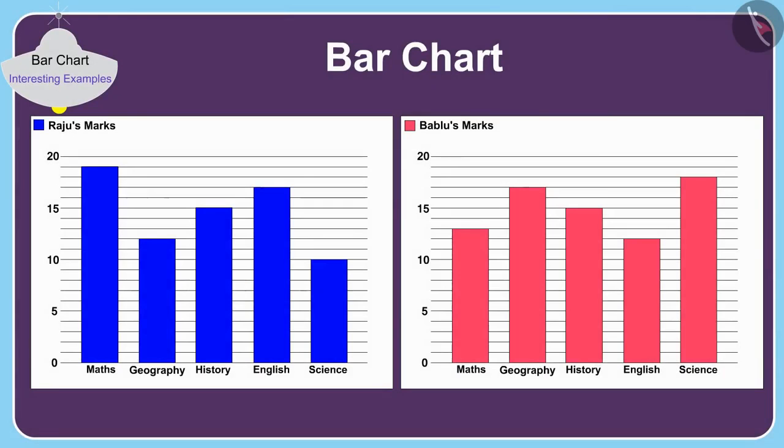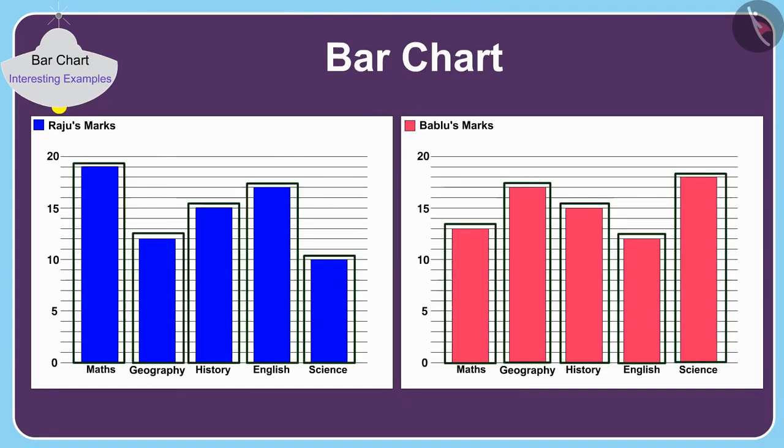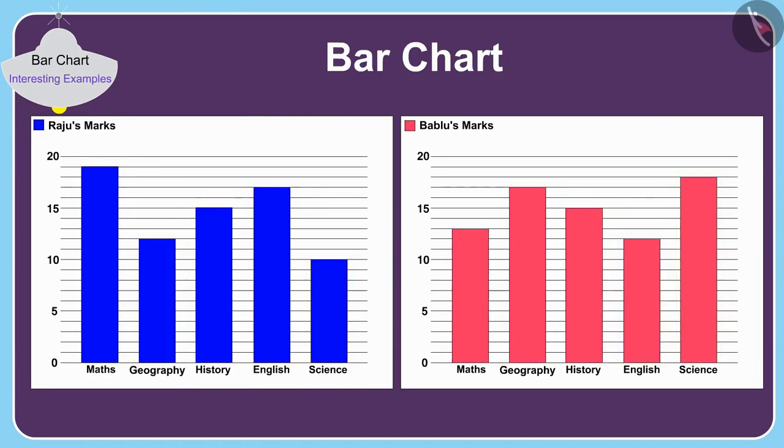Children, by looking at the bar chart of Raju and Bablu, can you tell which subjects have Raju and Bablu got the highest marks in? If you wish to, you may find the solution by stopping the video.